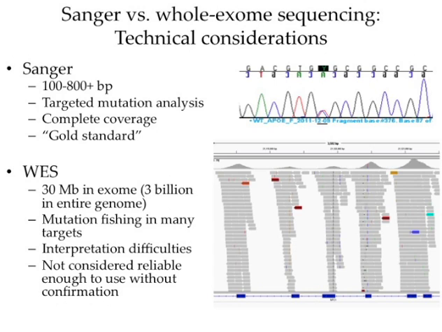And it gives you very good coverage of that entire gene, and it still remains the gold standard for sequencing of a gene. Whereas whole exome sequencing, as I said, can be 30 megabases of genetic information that you're looking at, or if you do whole genome, that's 3 billion base pairs.